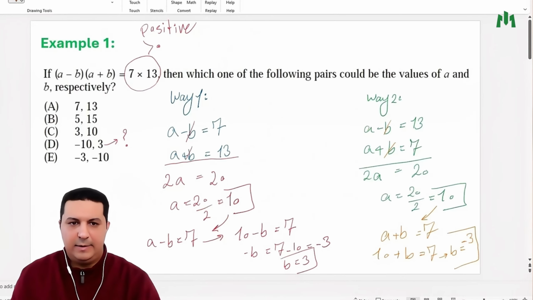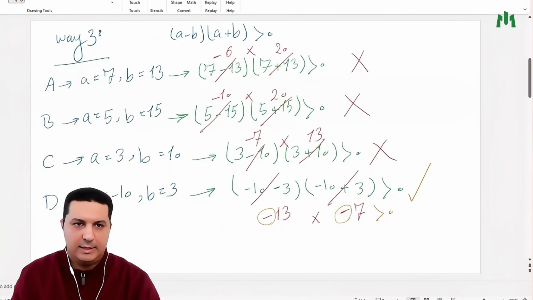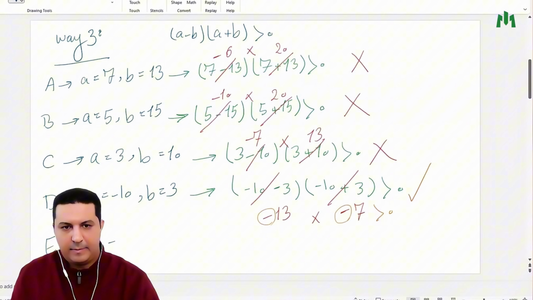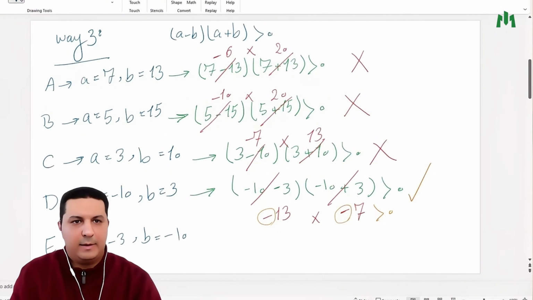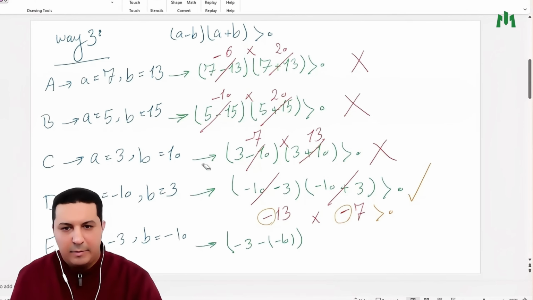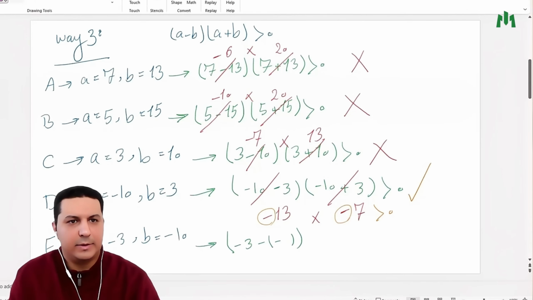And let's check E, which is minus 3 and minus 10. Okay, so let's check this part too. Minus 3 and minus 10. Sorry, maybe this is not very good.